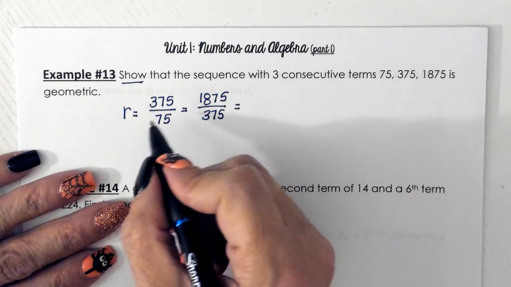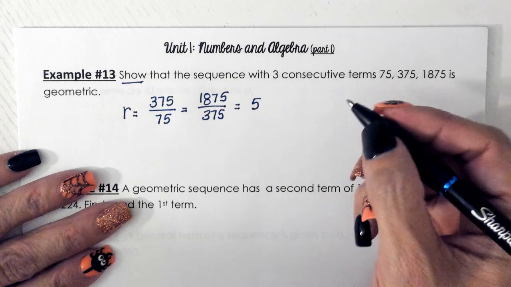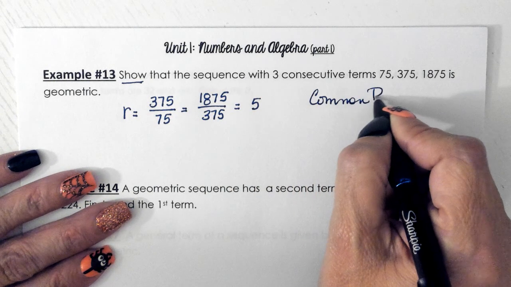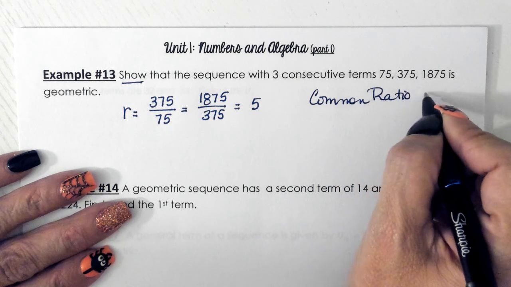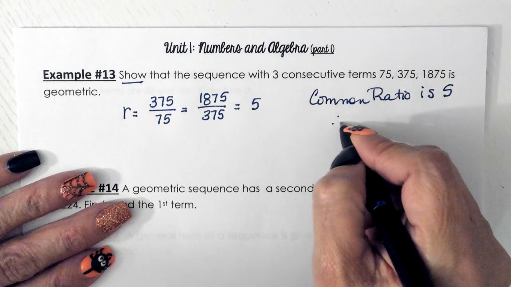When we do that, you actually get 5. So that means the common ratio is 5, and that means it's geometric.